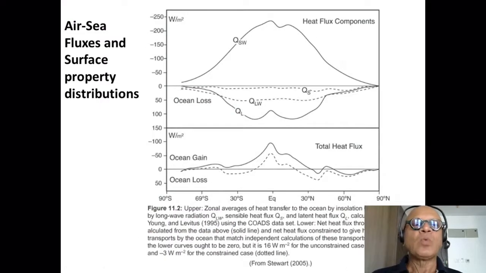Okay. What happens with the air-sea fluxes and surface property distributions? We look at the zonal averages of the heat transfer into the ocean. Obviously, solar heat flux reaching the surface is very critical.